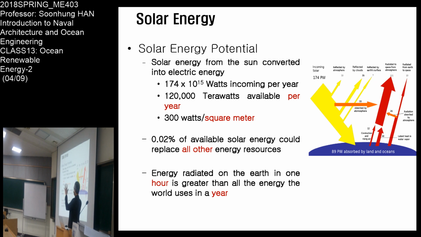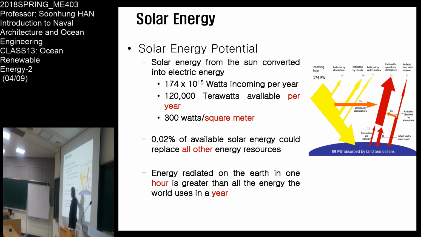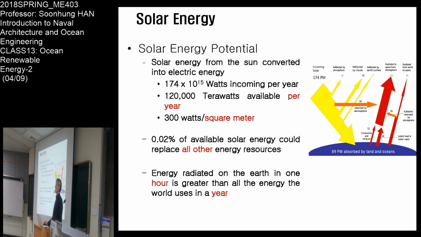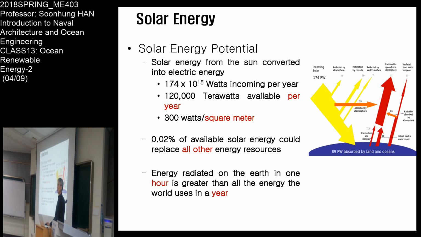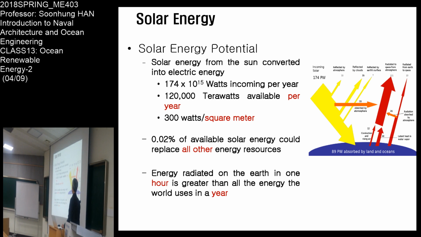But the size is big, so only a small percent can replace all other energy sources, because most of our energy on Earth comes from the sun originally. So most of the energy is coming from the sun, stored somewhere, as coal, as oil, as gas, as wind, as waves.